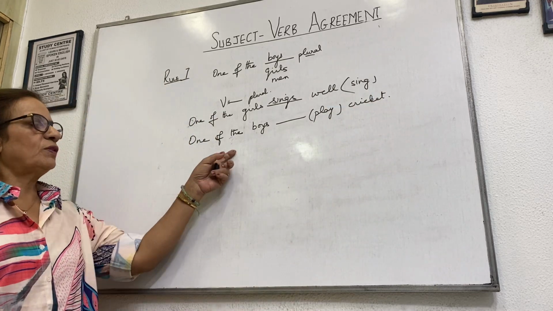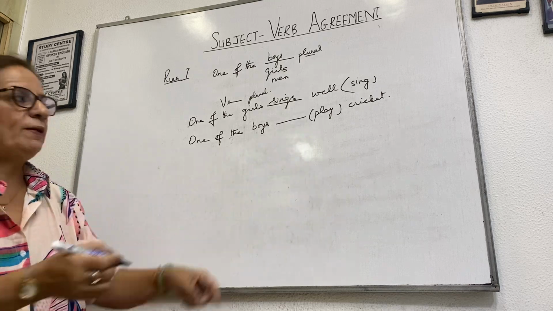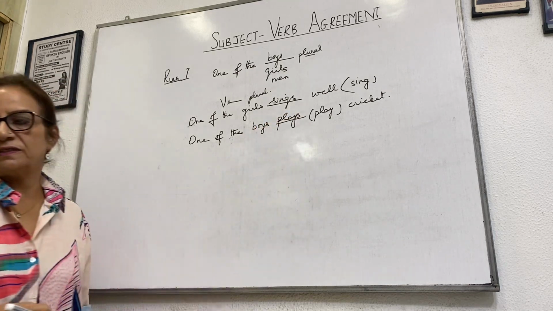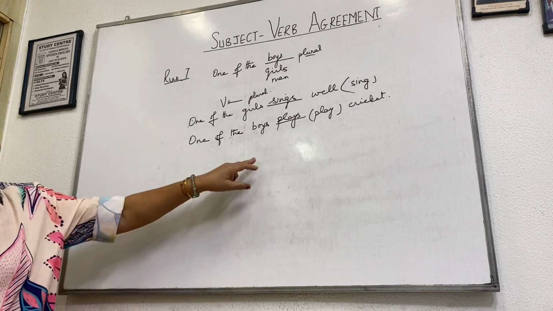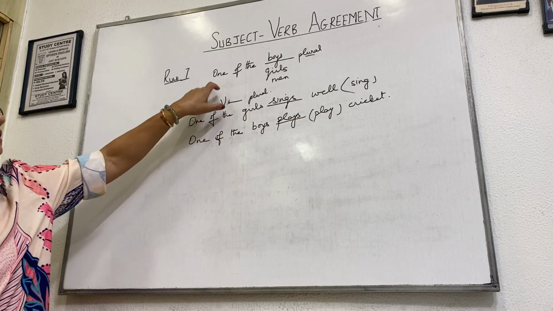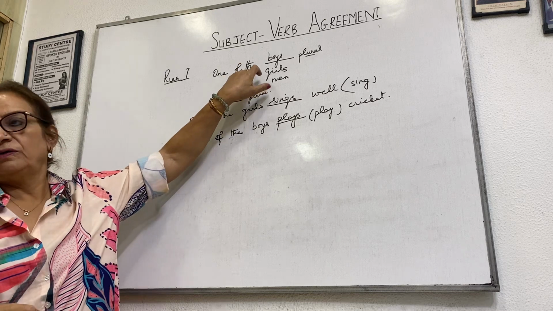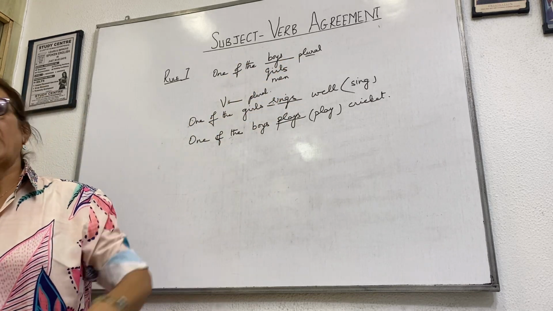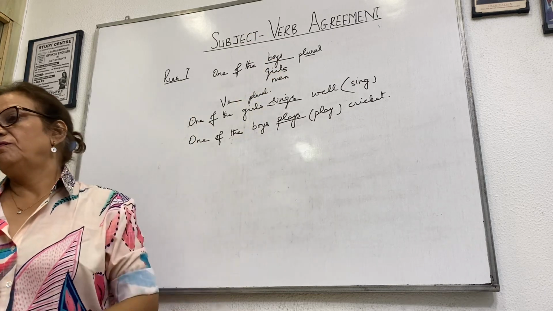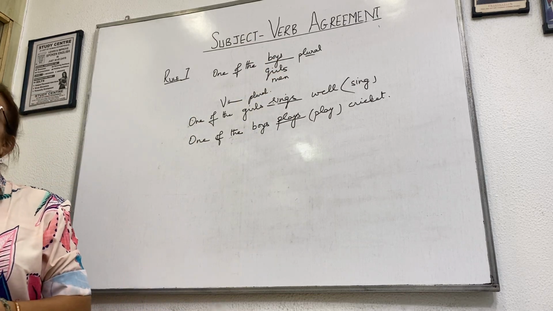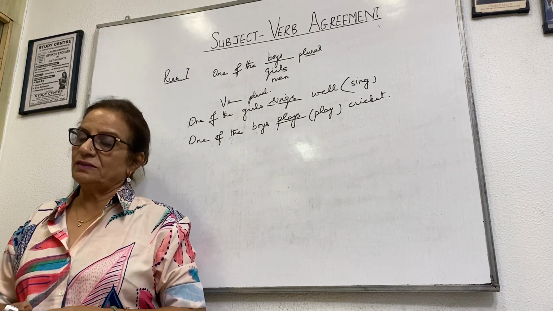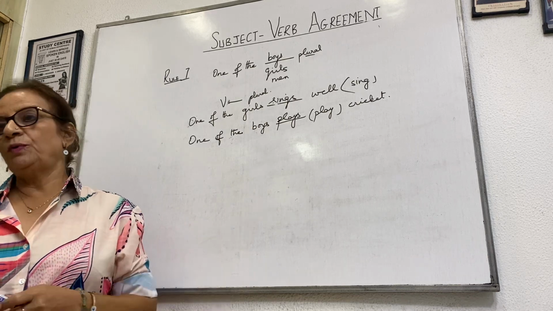So one of the boys, verb will be plays. One of the boys plays cricket. Okay, not play cricket. So the rule says when we use "one of the" with the subject, the verb is also plural. And the subject is also plural. We cannot say one of the boy, one of the boys, one of the girls. Okay, so it takes a plural verb.